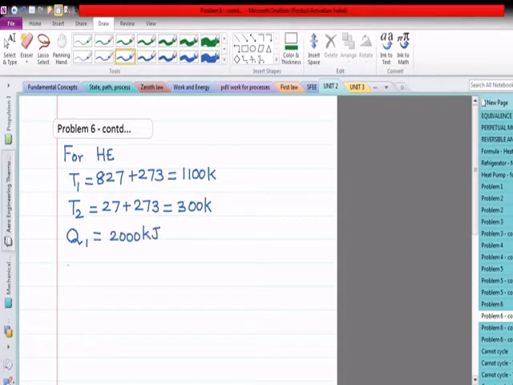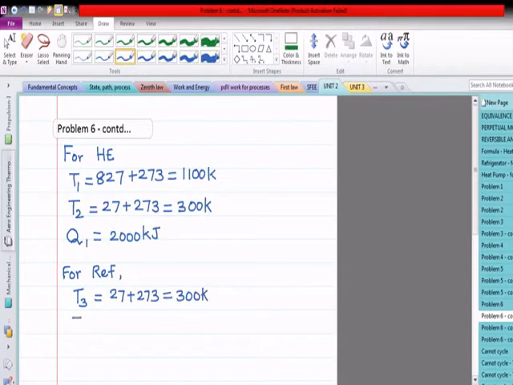Then for the refrigerator, the reservoir temperatures are given. We have taken T3 as the hot reservoir for the refrigerator. The temperature of the hot reservoir for the refrigerator is 27 degrees, adding 273, so I get 300 Kelvin.